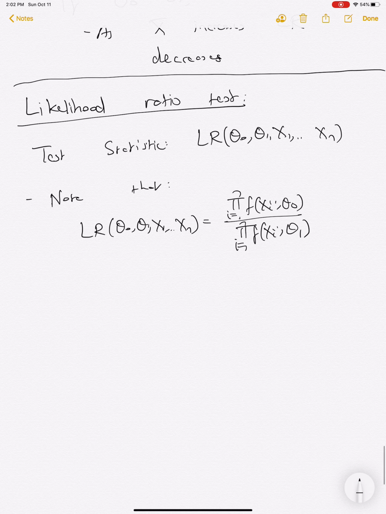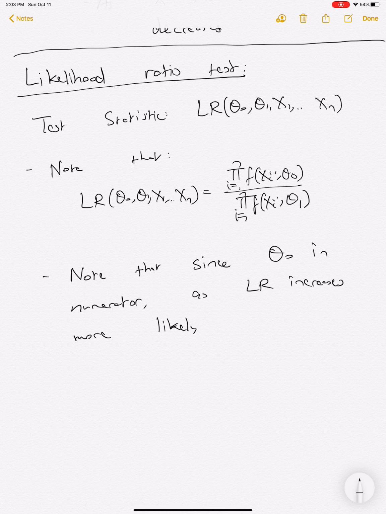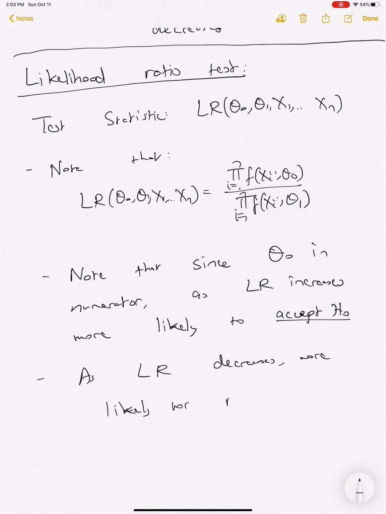Okay, so let me explain this logic a little bit here.